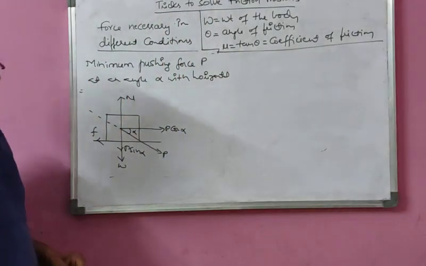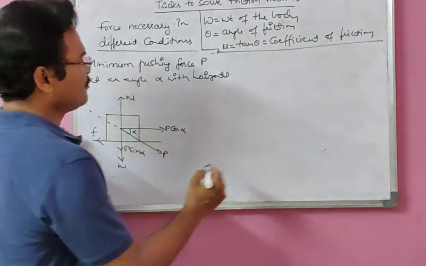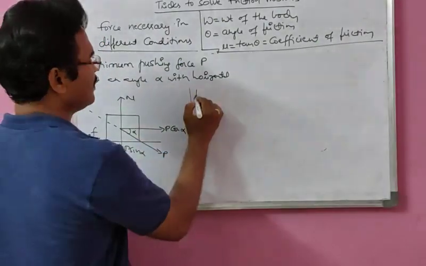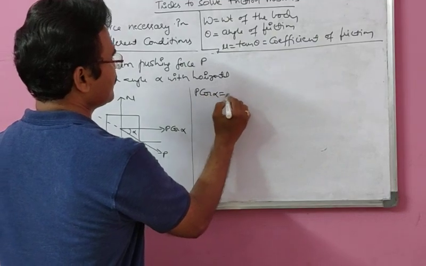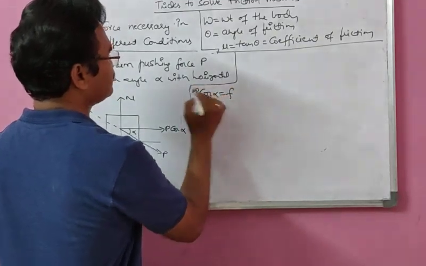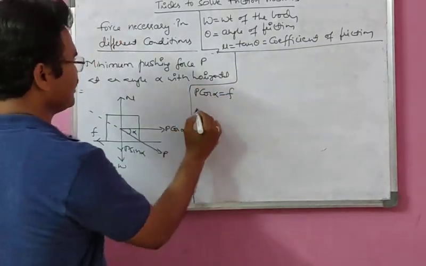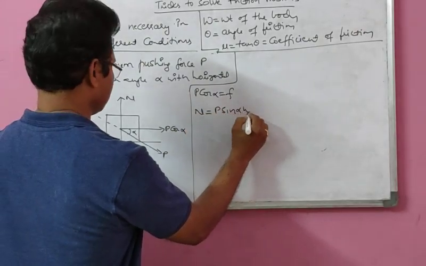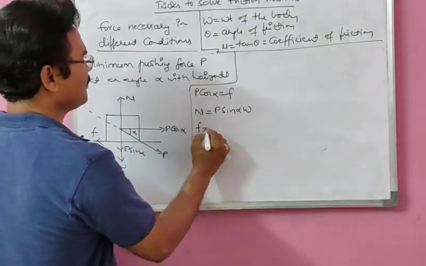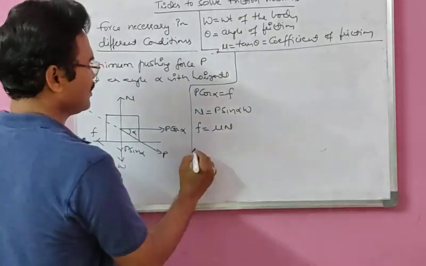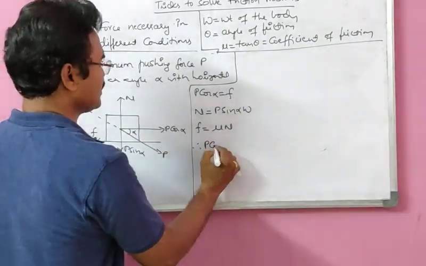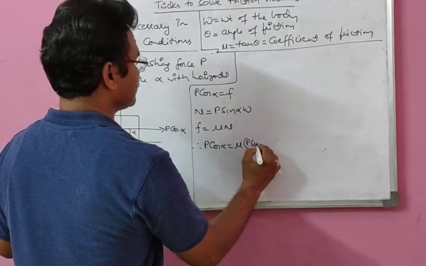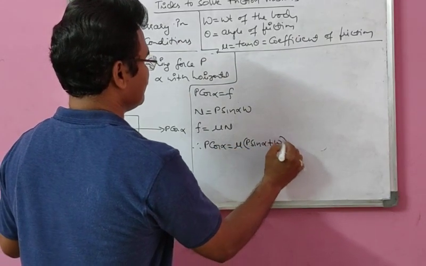Again we can write the conditions here. First of all, P cos alpha must be equal to F, and the next one, N equal to P sin alpha plus W, and small f equal to mu N. Therefore, P cos alpha equal to mu of (P sin alpha plus W).